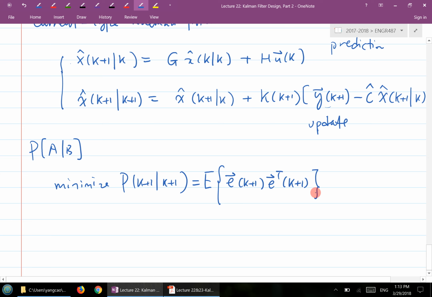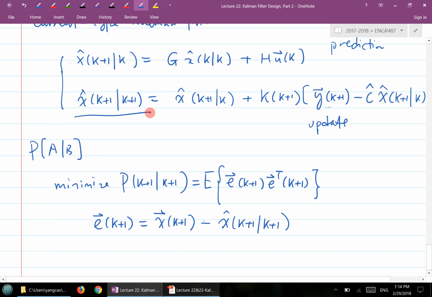Still, we're trying to minimize this, and the E here is basically the current value for the state minus the estimation, k plus 1, k plus 1.